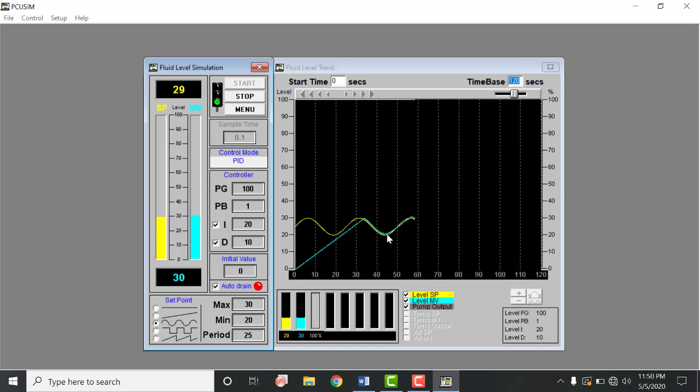At this intersection point, the value of our set point is still increasing, the auto drain pump was stopped, and our main driven pump was started at this point.